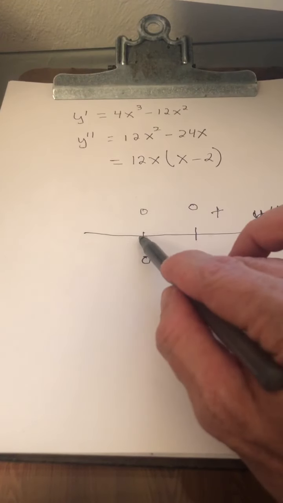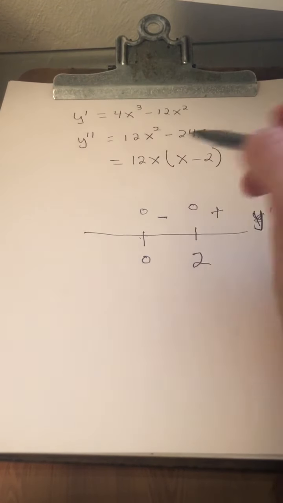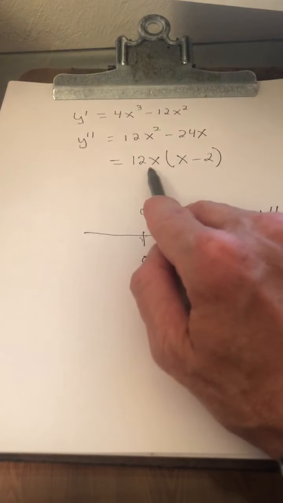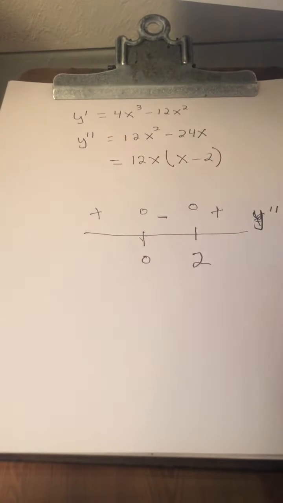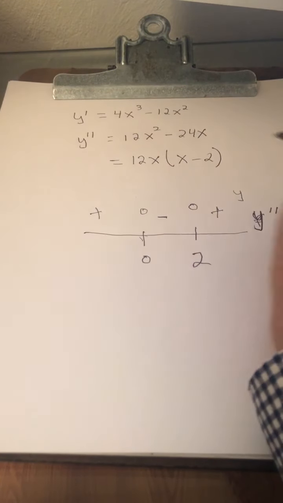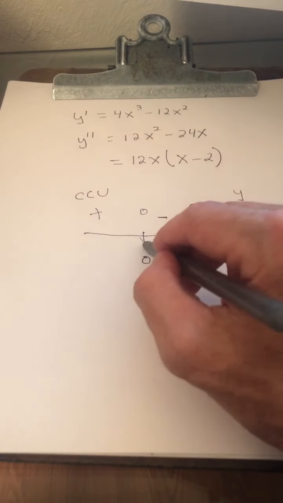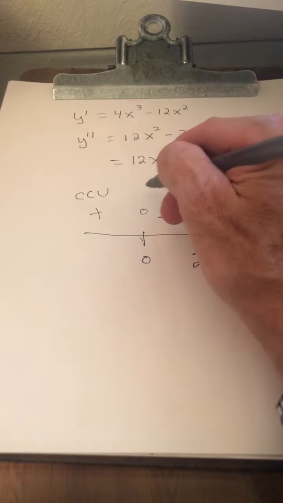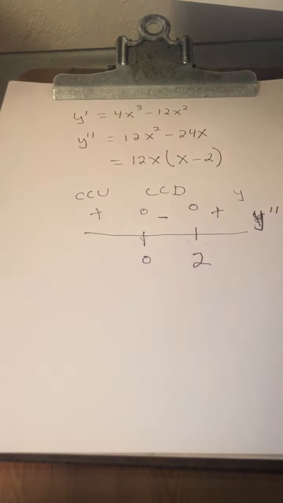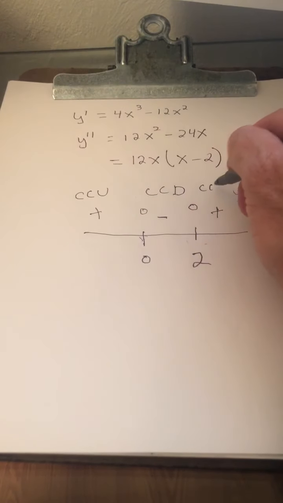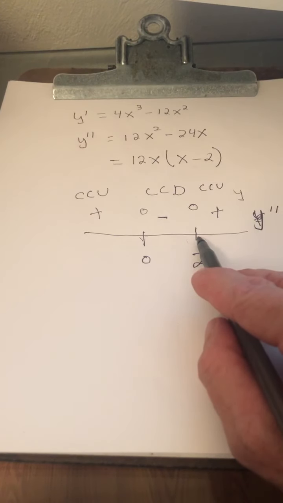If x is between 0 and 2, the second derivative is negative. If x is less than 0, we have a negative times a negative, which is a positive. So that tells us our curve is concave up if x is less than 0, concave down if x is between 0 and 2, and then concave up again if x is greater than 2.